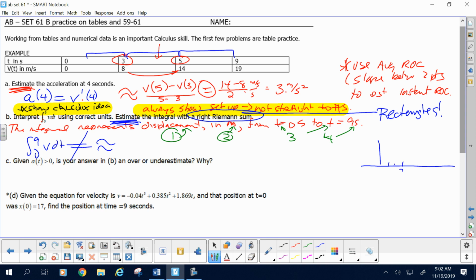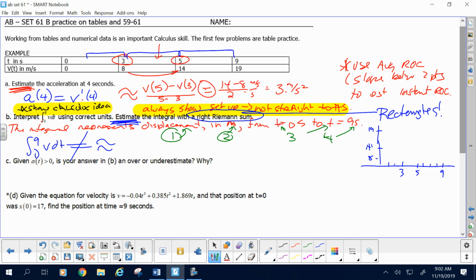0, 1, 2, 3, 5, 6, 9. And this is 8, 14, 19. Don't know what the curve looks like, don't really care. All right, now, if I'm doing rectangles, how many rectangles will I get? There'll be 3. Okay, now usually the question will say using 3 subdivisions as indicated by the table or something like that.